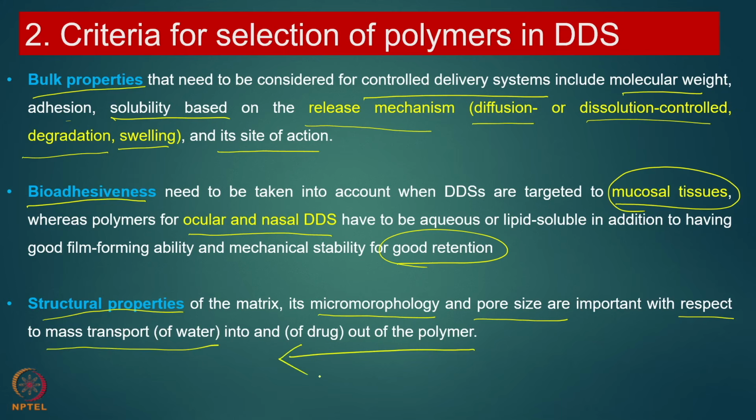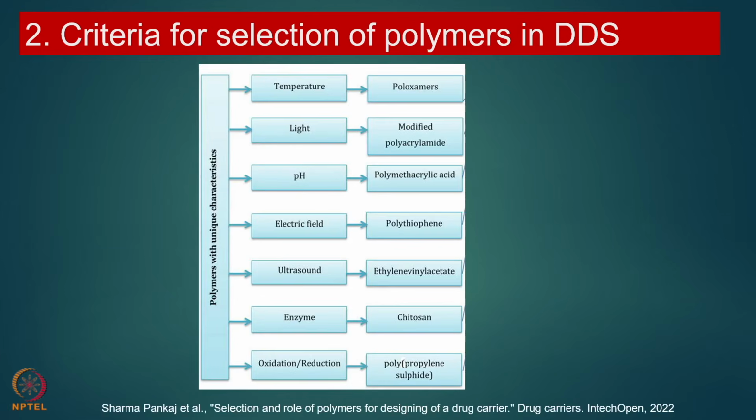These properties will definitely influence the release mechanism of novel drug delivery systems. So, while designing, we need to consider the bulk properties, bioadhesiveness and the structural properties of the matrix.